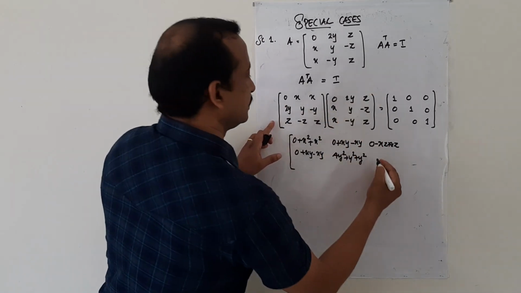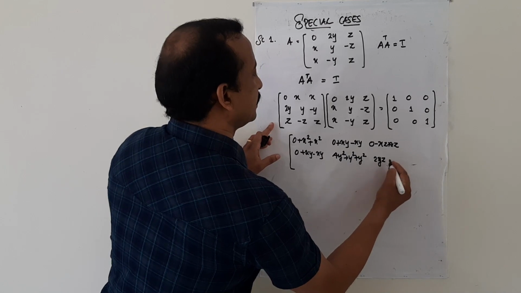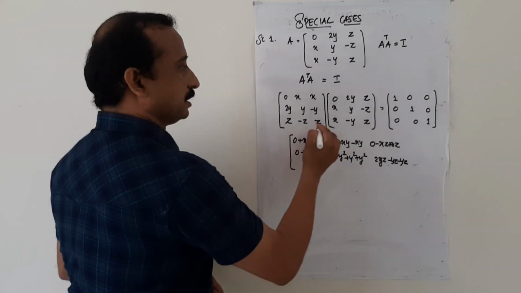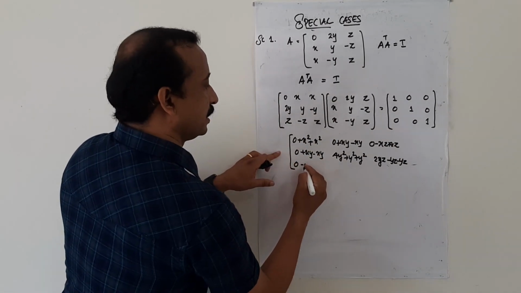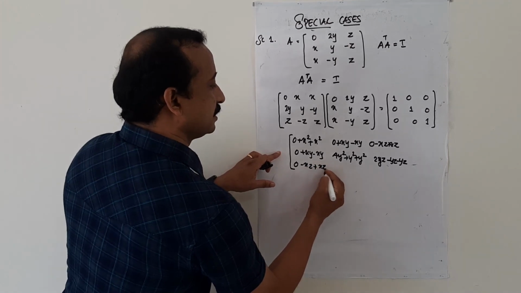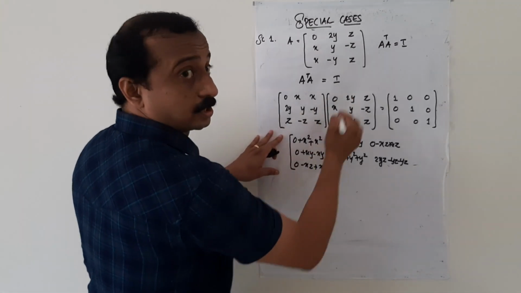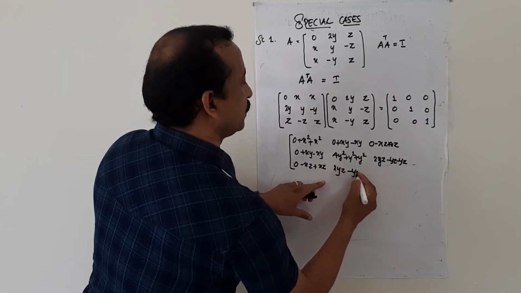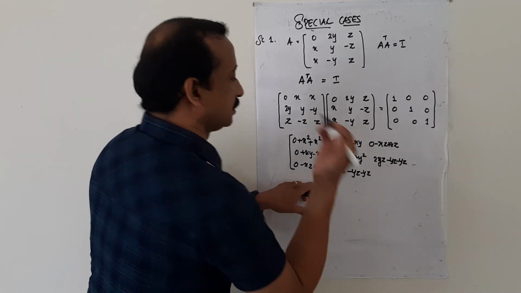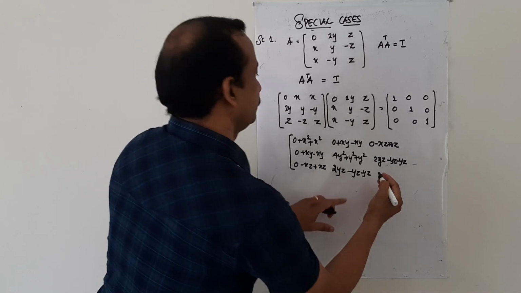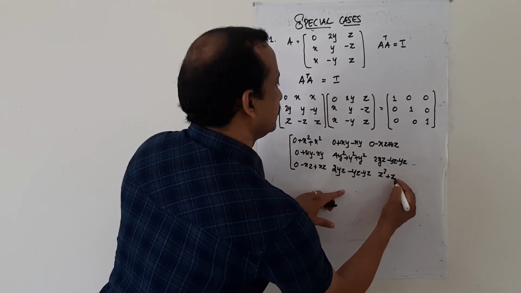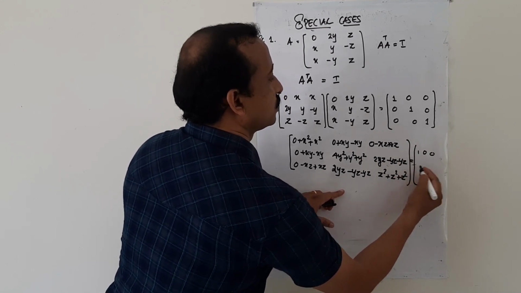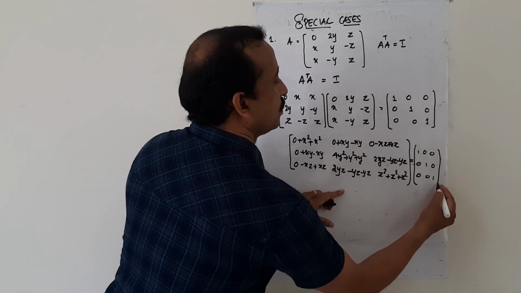Then second row, third column: 2yz minus yz minus yz. Then third row, first column: 0 into z minus xz plus xz. Then third row, second column: 2yz minus yz minus yz. Then third row, third column: z square plus z square plus z square is equal to the given matrix 1 0 0, 0 1 0 and 0 0 1.